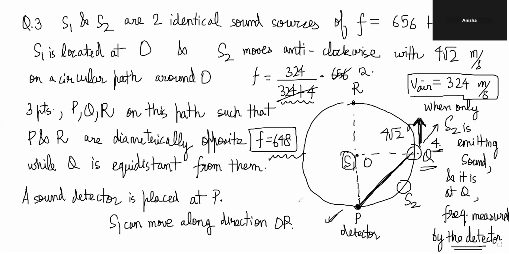Yes, sir. Sir, I made some mistake in calculating. Right, so it is simple Doppler's effect where the source is moving away and the detector is stationary. The velocity along the line is 4, so you just have to do this. Yes, sir. So the question is so long, but it's actually super easy.